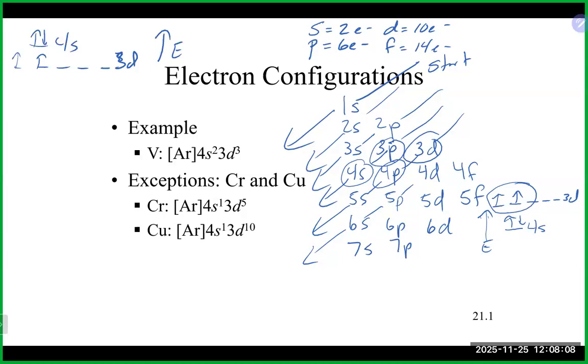Because there's a switch in energy, they will lose their s electrons first when they are ready to get rid of electrons, and then, if necessary, they will go into the d orbitals and take electrons out of there. So they lose electrons differently because of that switch. But in terms of electron configuration, we go in this order, and afterwards, when we want to get rid of electrons, it has that switch.